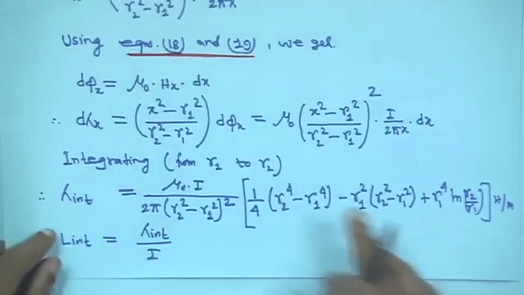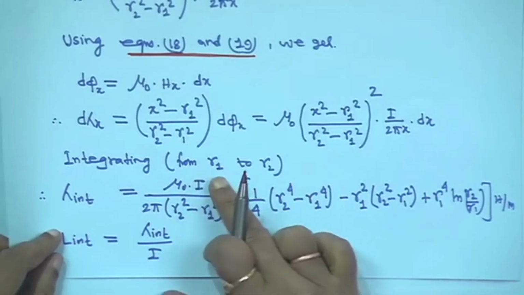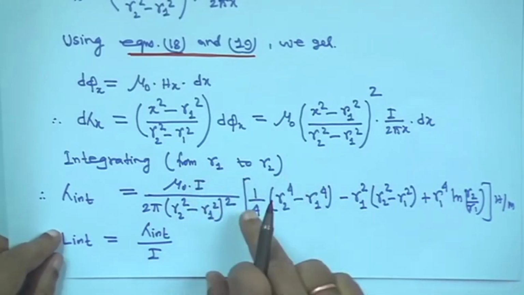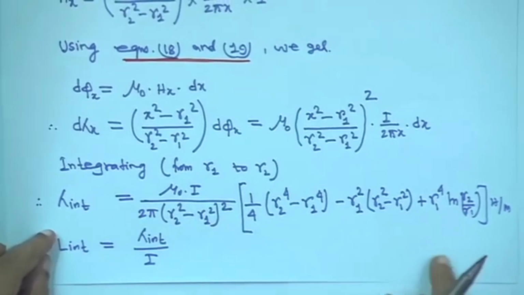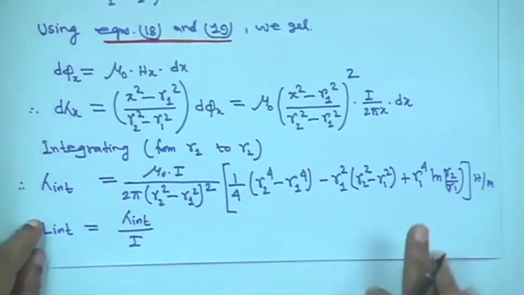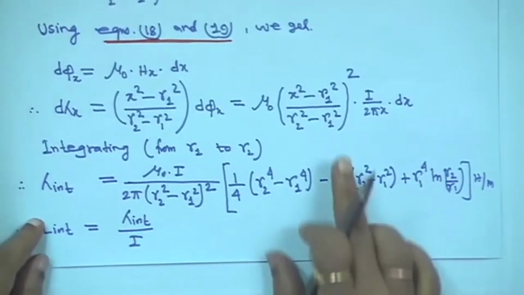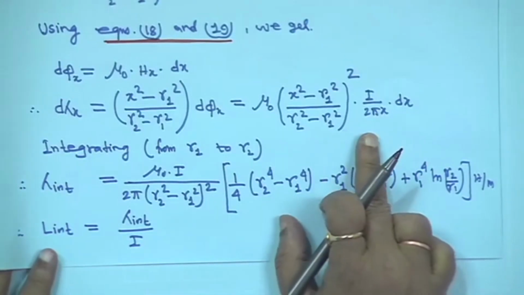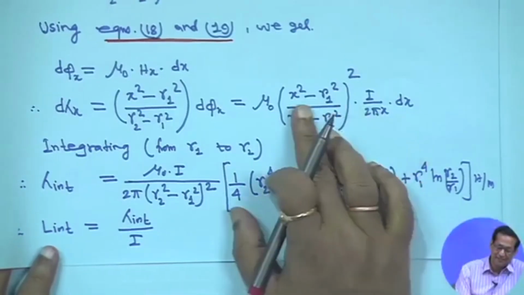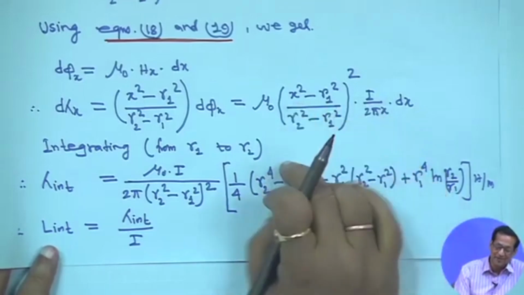Because it is a hollow conductor, integrate from R1 to R2. The integration is your job; I am giving you the final expression. It is a simple integration: you just break it into the square term, divide by x, then integrate.